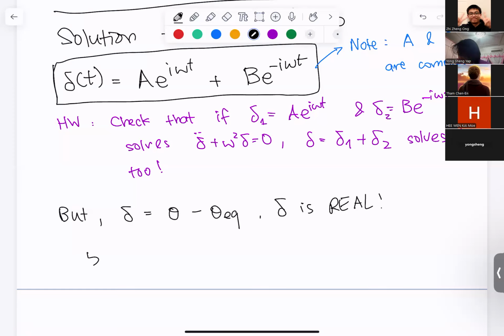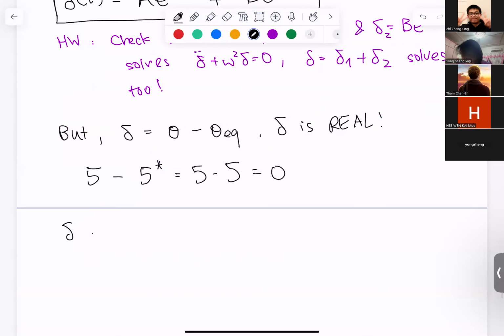So what does it mean for delta to be real? For example, 5 is real. What does it mean for 5 to be real instead of complex or imaginary? Basically, 5 minus the complex conjugate of 5 is 5 minus 5, which is 0. So for delta to be real, delta minus its complex conjugate is 0.